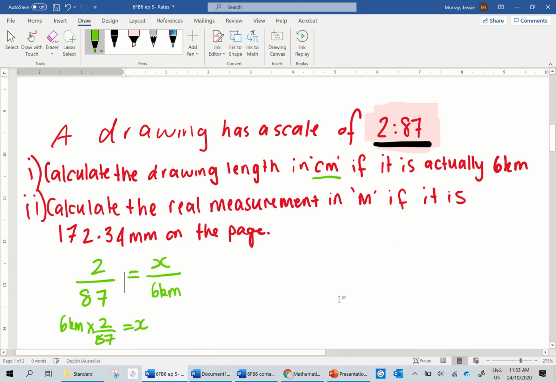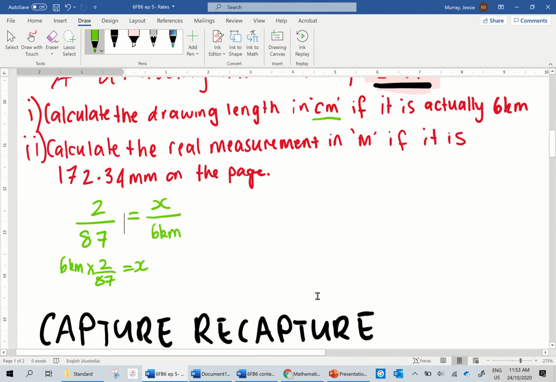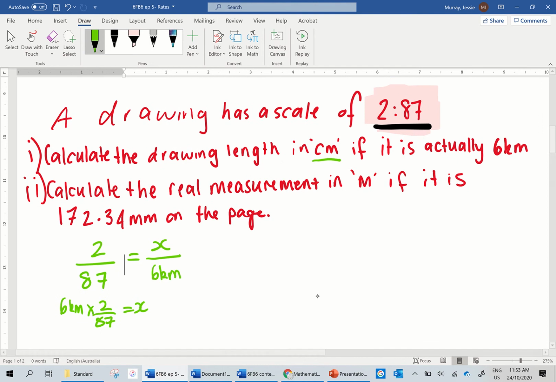Now, when I get my answer, it's just going to tell me that it's 0.1379, and I'm not finished with it, so I'm writing the whole calculator screen out, kilometers. They don't want it in kilometers though, they want it in centimeters. So let's think about this, and I'll break it down. We've got kilometers, so I times it by 1,000 first to get it into meters.